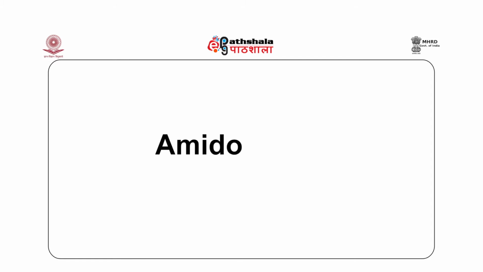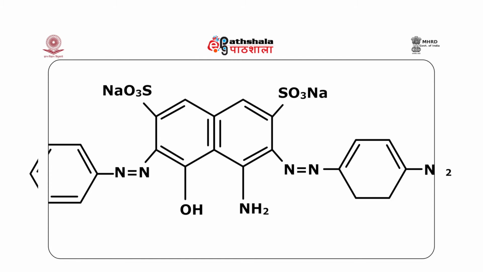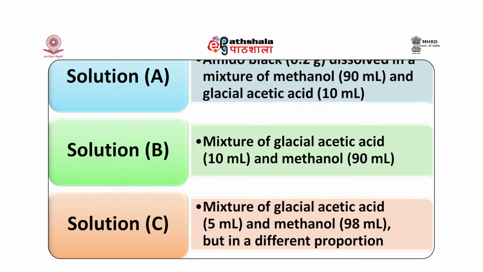Number 1, amido black. While using amido black reagent, the structure of which is set out in the figure, three solutions need to be prepared. Solution A contains amido black dissolved in a mixture of methanol and glacial acetic acid. Solution B is a mixture of glacial acetic acid and methanol. Solution C also contains a mixture of glacial acetic acid and methanol but in a different proportion.